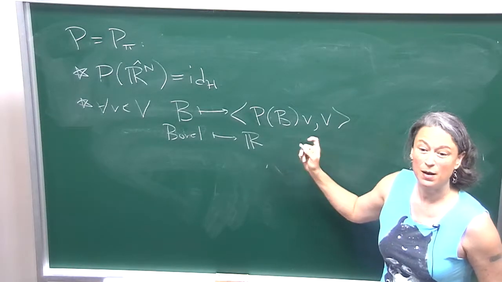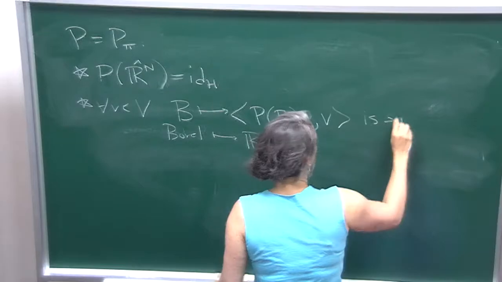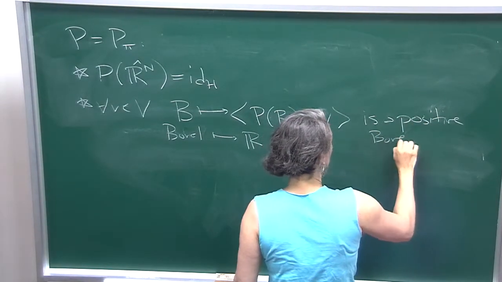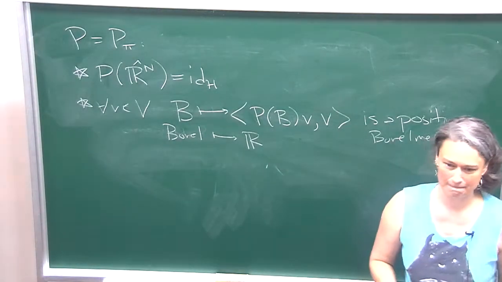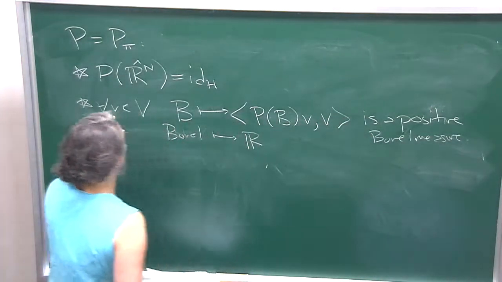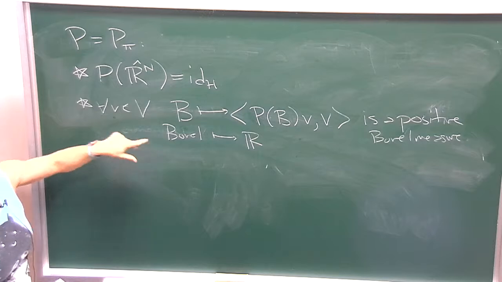So I want this to be a positive Borel measure. Okay? So every vector is a measure. Or rather, every vector paired with this projection valued measure is a measure.